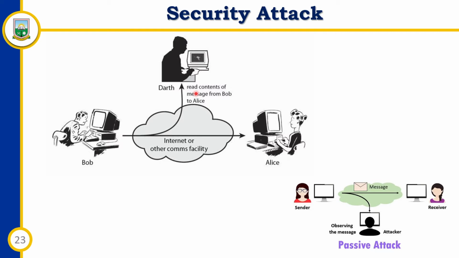Please, I'm using this as an analogy to help explain what a passive attack is; in actual fact, that is not how it is. So you read, you use it for other things, but you don't change the data that is being sent from the sender to the recipient.